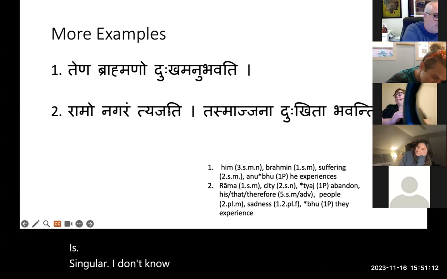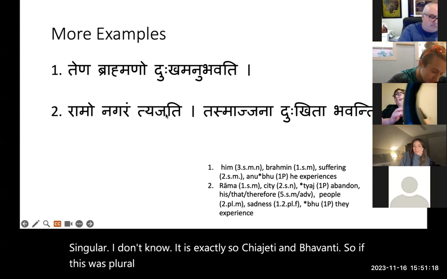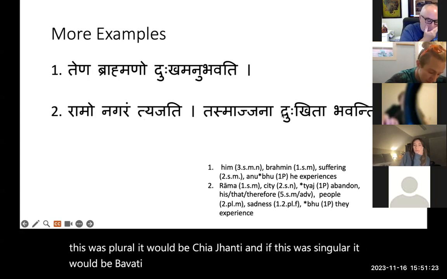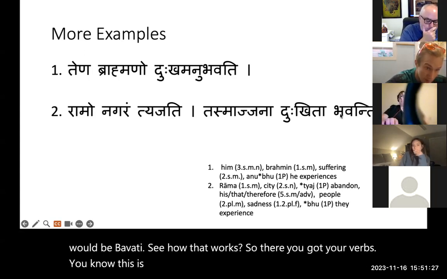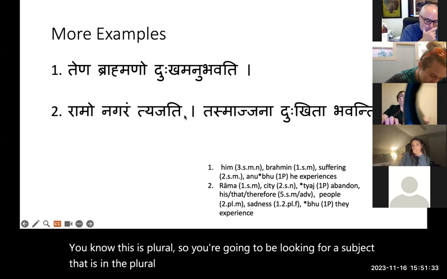It is, exactly. So if this was plural, it would be tyajanti. And if this was singular, it would be bhavati. See how that works? So you got your verbs. You know this is plural, so you're going to be looking for a subject that is in the plural. This is singular, so you're going to look for a subject that's singular.